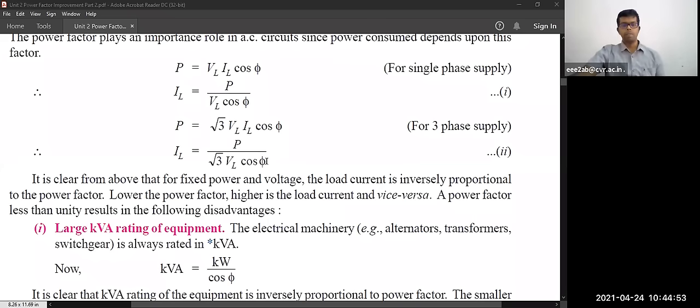So if the power factor is decreasing, say from 1 to 0.8, the load current will automatically increase. Load current increasing means some appliances will misbehave.